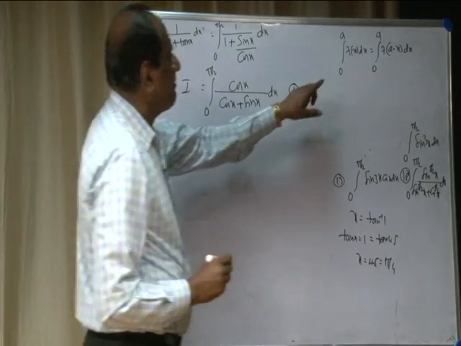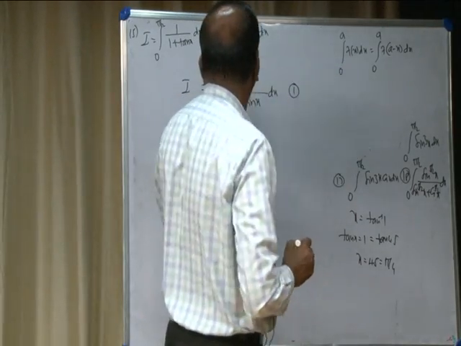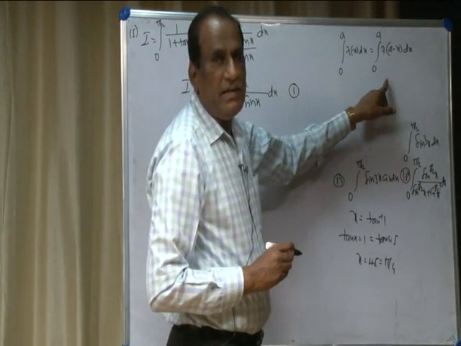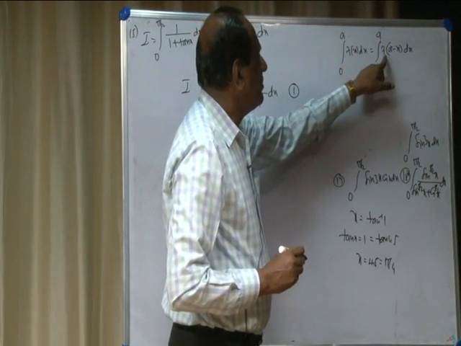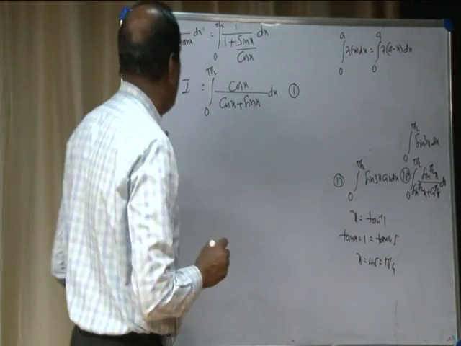Now, apply the property. If the lower limit is 0, we can apply the property, that is integral from 0 to a of f of a minus x dx.